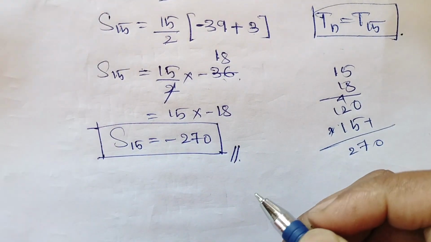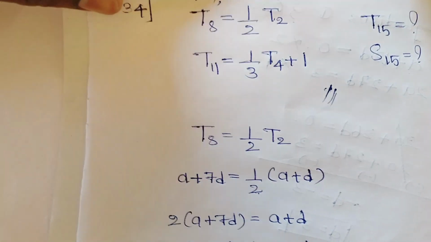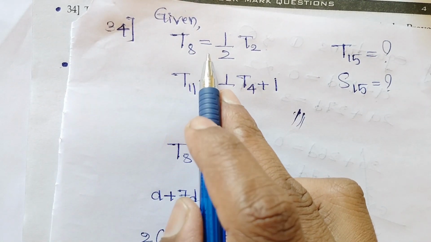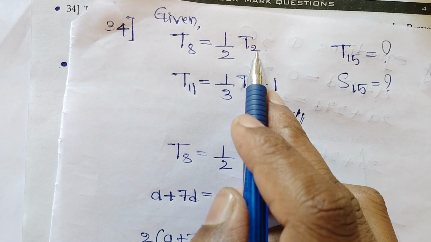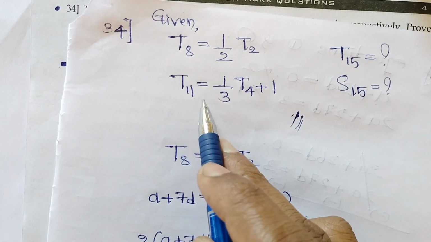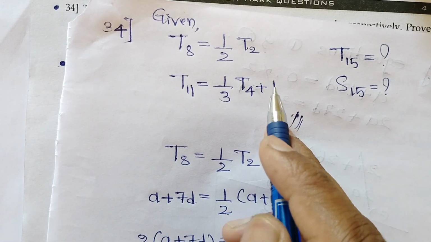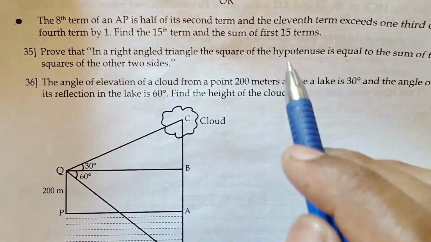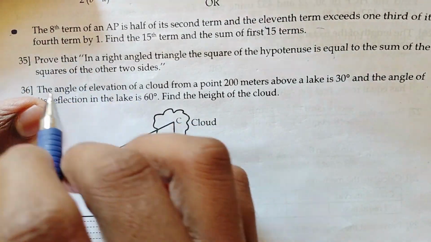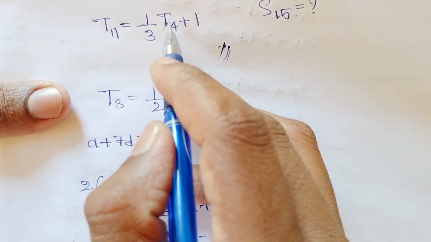Okay, what we did: we took the given data, that is, the 8th term of an AP is half of the second term, that is 1 by 2 times the second term, and the 11th term exceeds 1/3 of its 4th term by 1, that is, 1/3 of the 4th term plus 1.